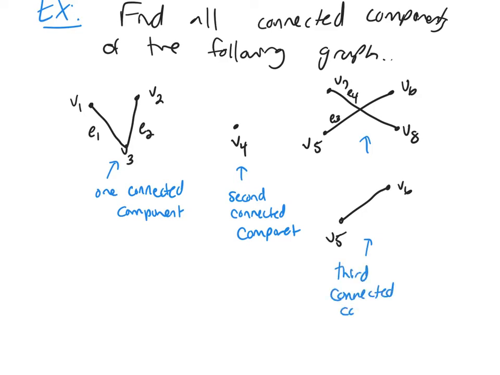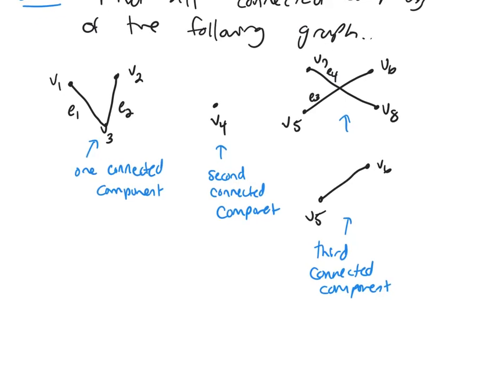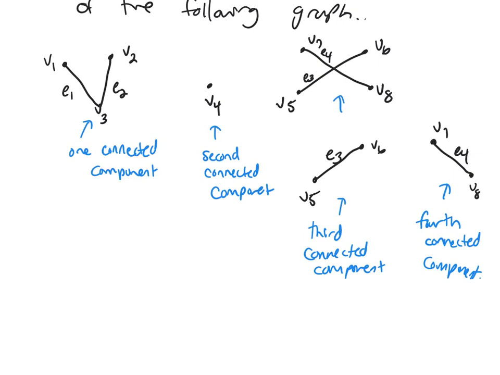And then this other one, V7 to V8, this is edge 3 and this is edge 4. This would be your fourth connected component. So this graph would have 4 connected components in total.